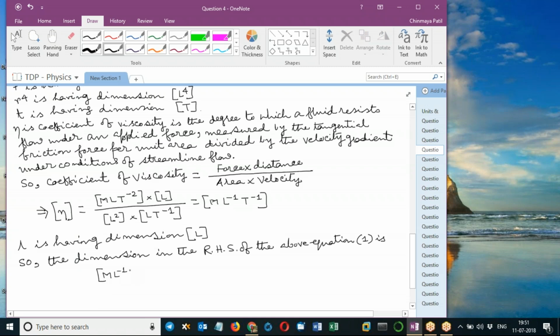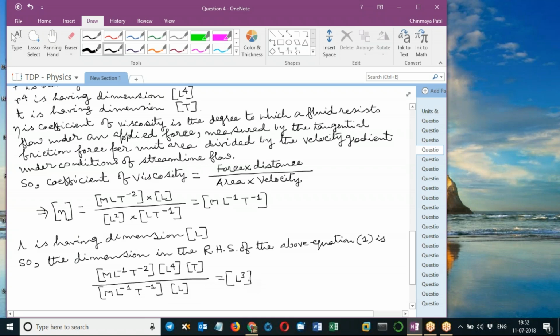M L power minus 1 T power minus 2, then L power 4, divided by M L power minus 1 T power minus 1 into L. So that is equal to L cube.